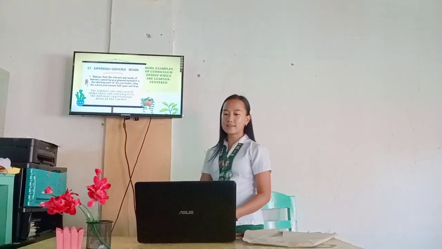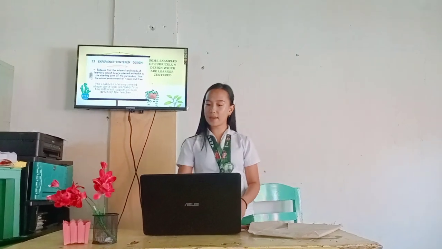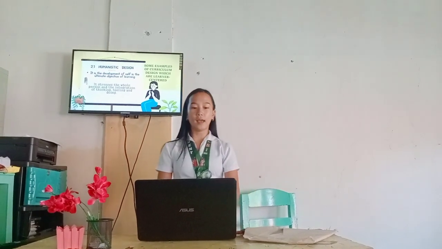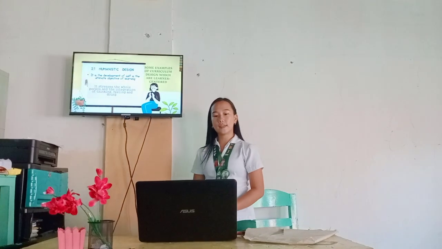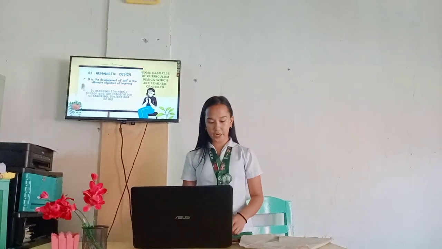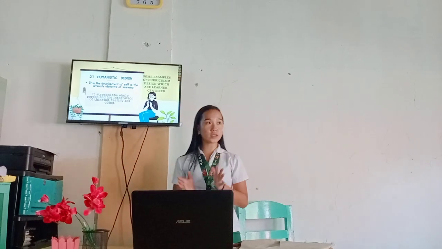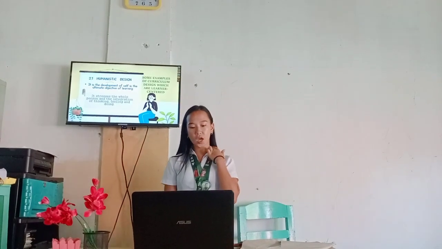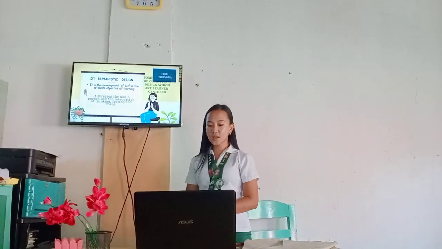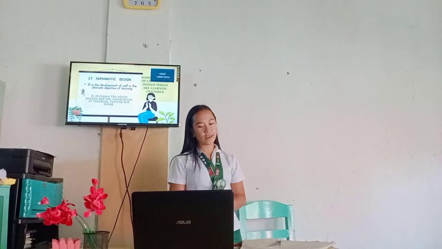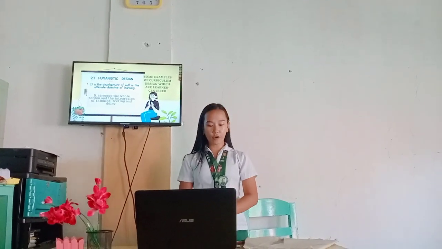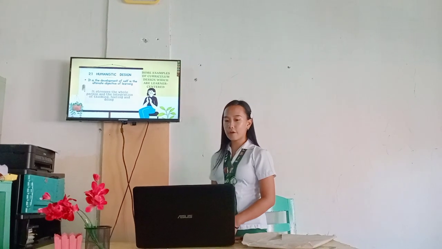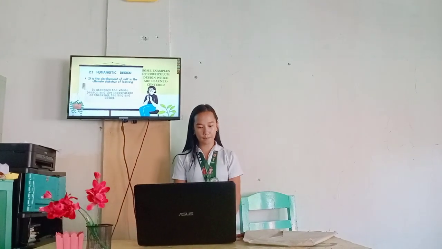So next example is humanistic design. So humanistic design: the development of self is the ultimate objective of learning. It focuses on personal growth, emotions, and self-development alongside academic learning. And also, it encourages self-motivation, self-reflection, and a positive self-concept.